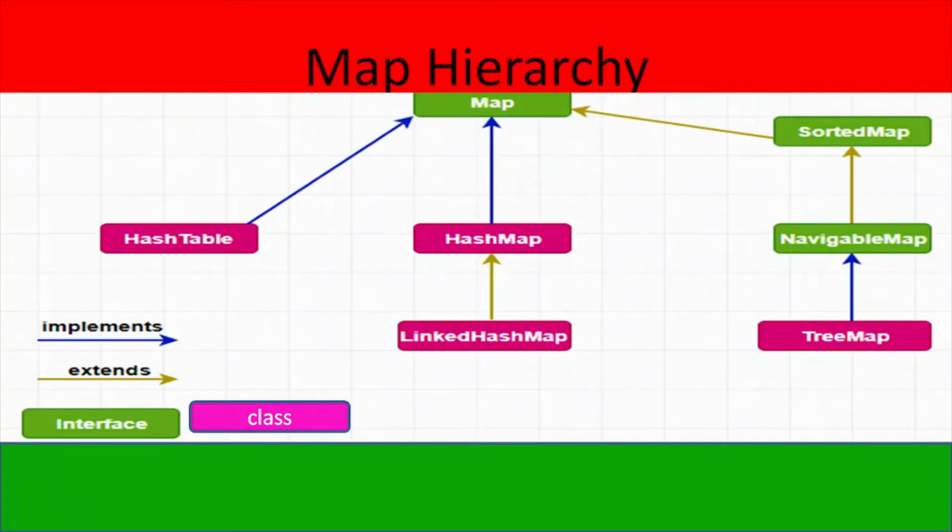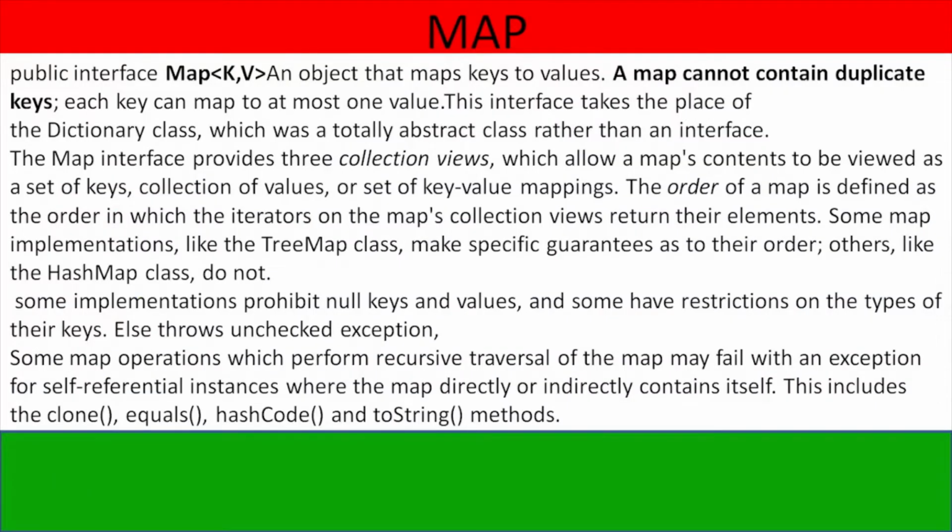The blocks in green are interfaces, and the blocks in pink are implementing classes. SortedMap is an interface, NavigableMap is an interface, and here the implementing classes are TreeMap, HashMap and LinkedHashMap. There is a difference between all these three implementing classes: HashMap, LinkedHashMap and TreeMap, and we are going to discuss what the differences are. So let's first try to understand what Map is.